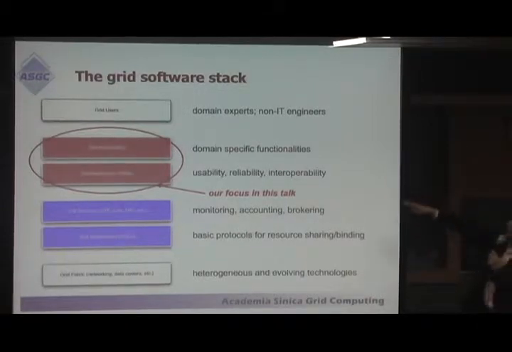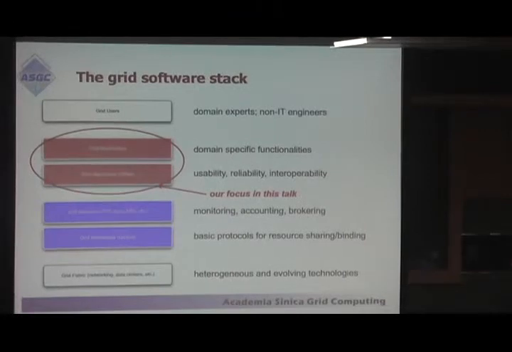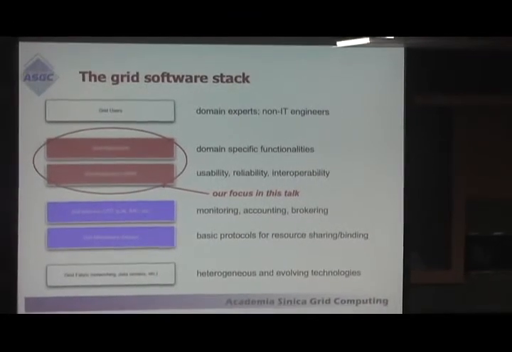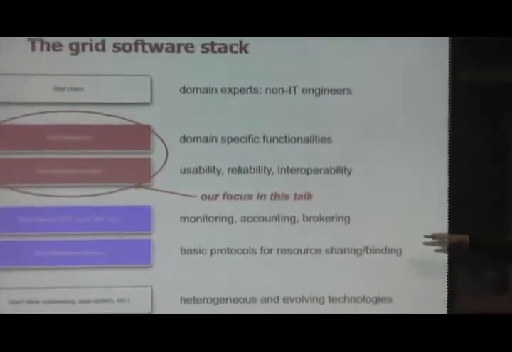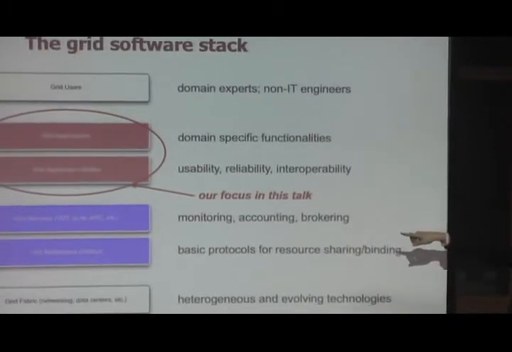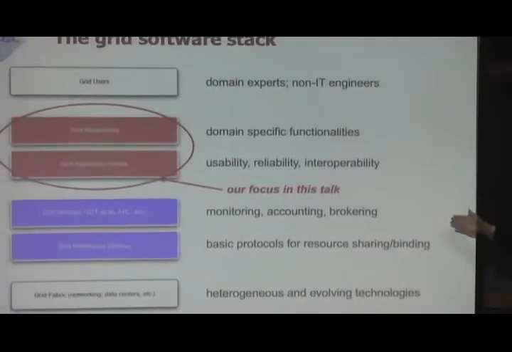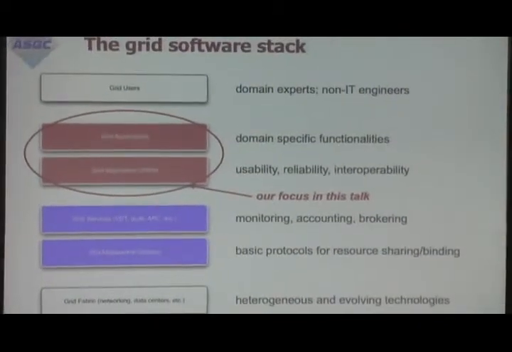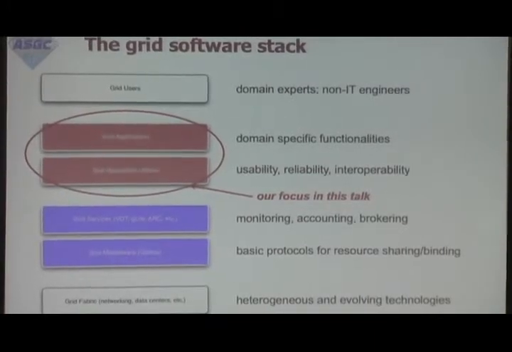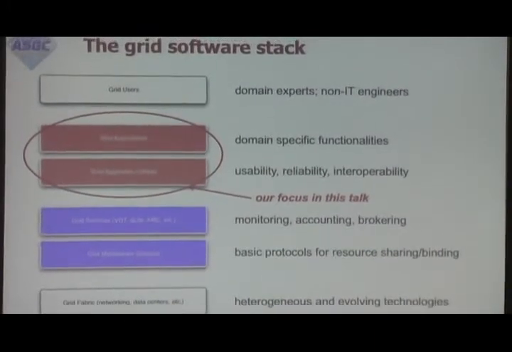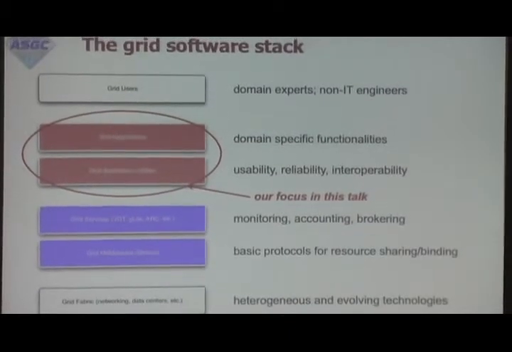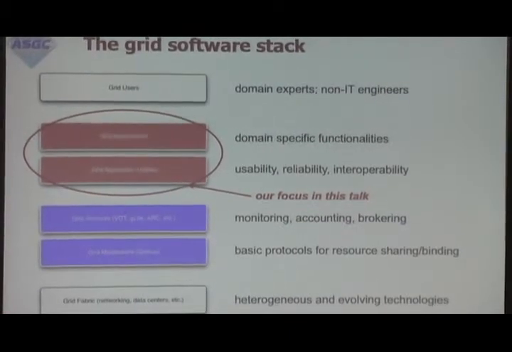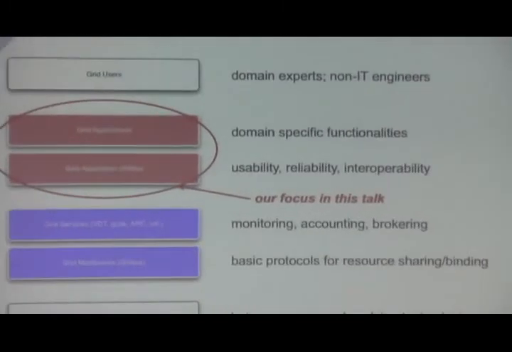So in this layer, we are focusing on usability, reliability, and interoperability, because as you can see here, I give you some examples: gLite, ARC, and something else. So there are also different middlewares to serve these services. So interoperability is another issue for the applications. And then on top of it, you start building your application.